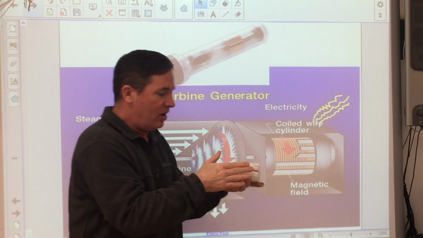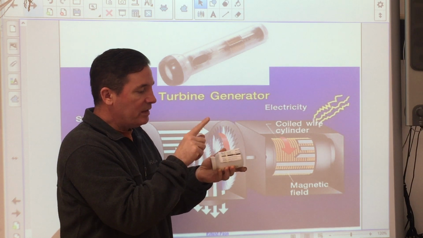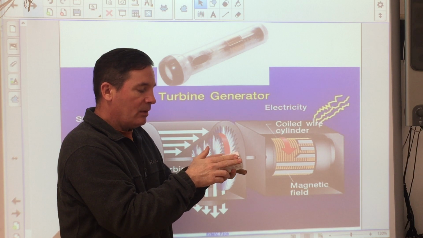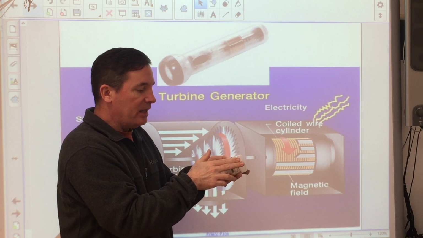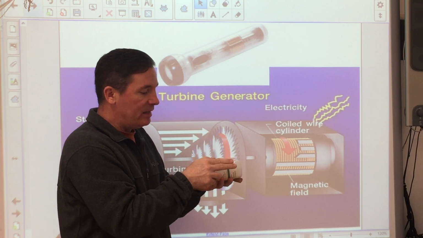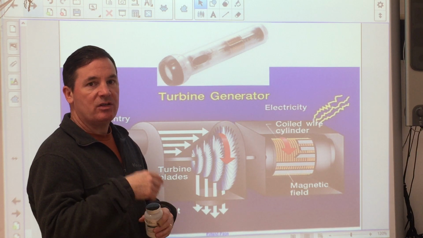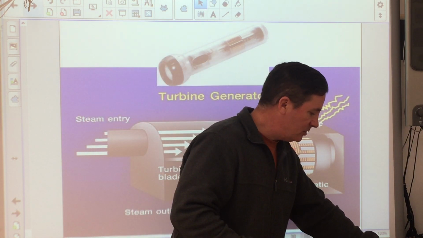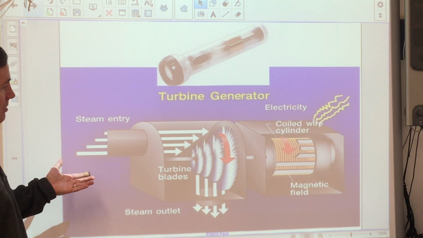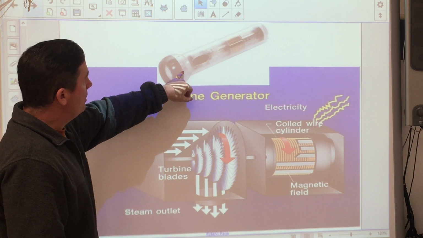These magnets are stationary. So when copper wire is spinning, going the opposite direction of a stationary magnet, that actually conducts electricity. It causes electricity to be generated. So that's essentially how nuclear reactors work.